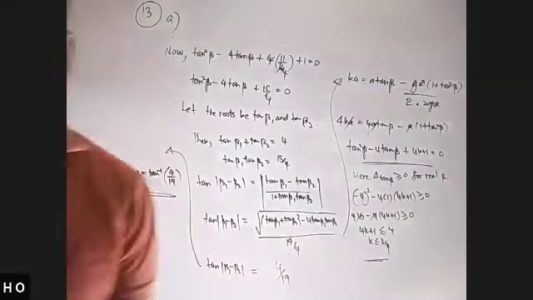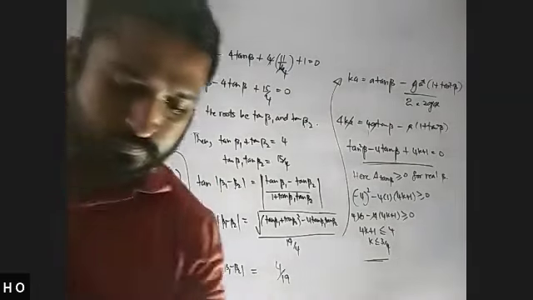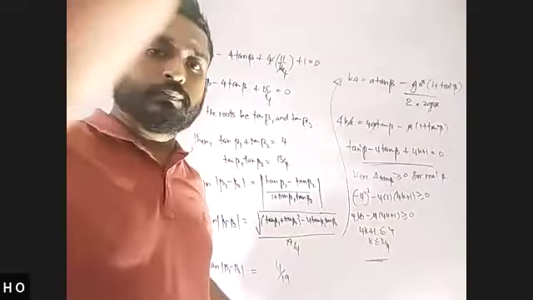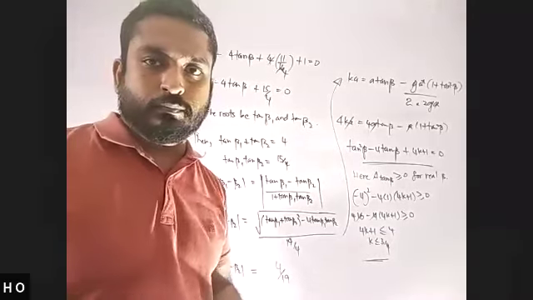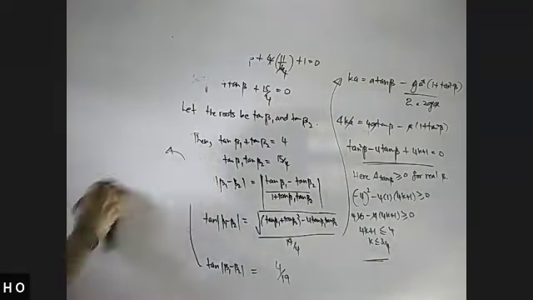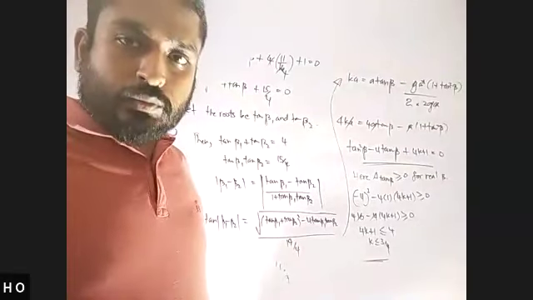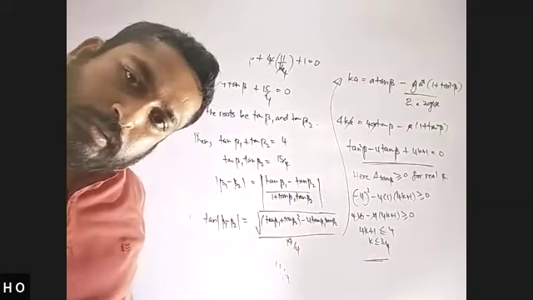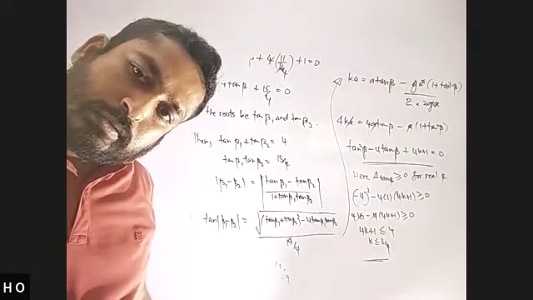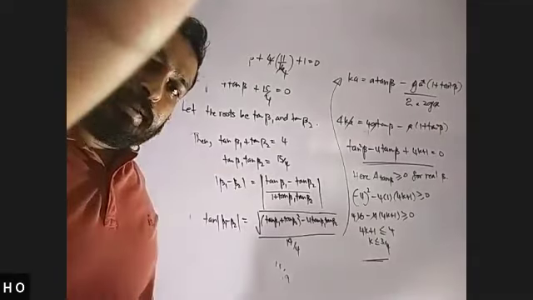All right. Part B, relative velocity. So we have a question. Beta should be real.